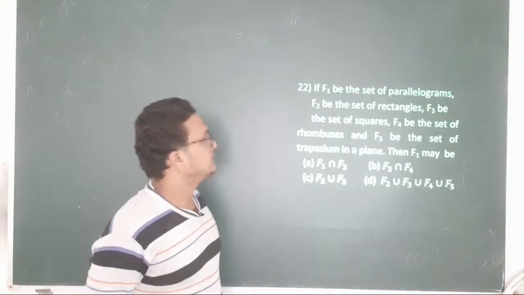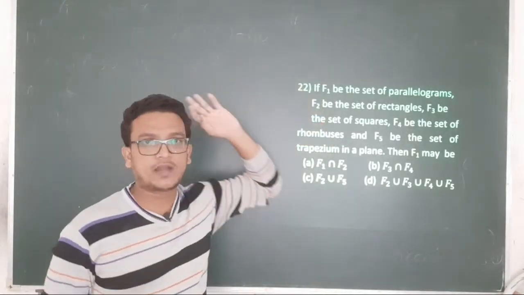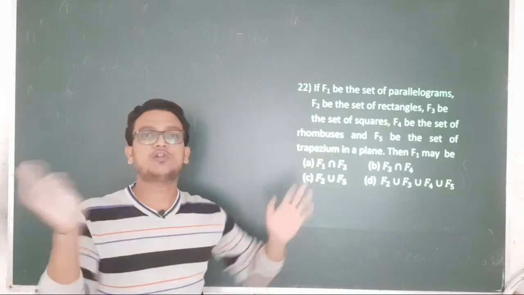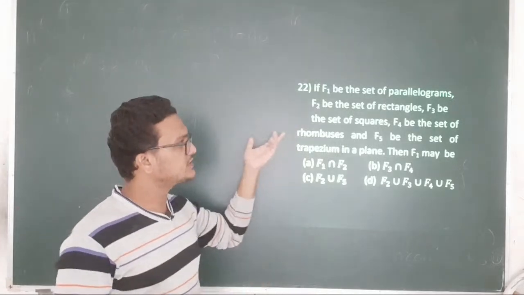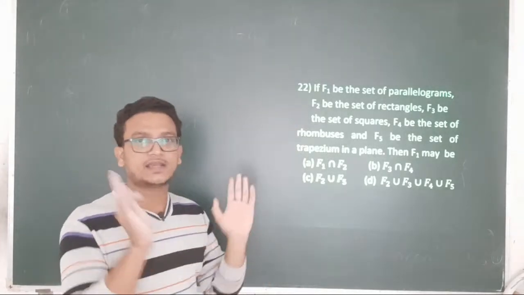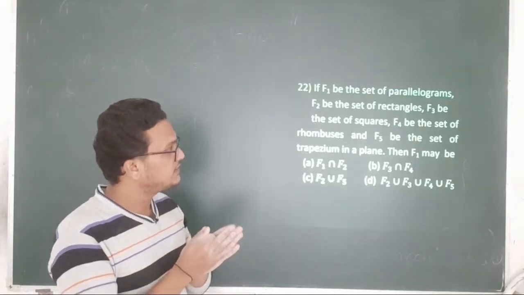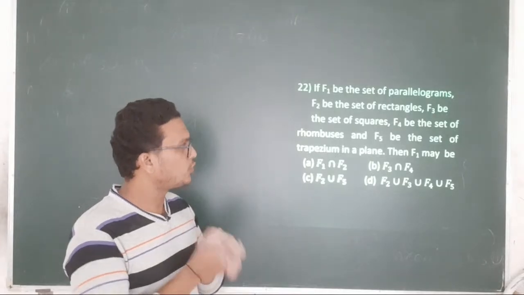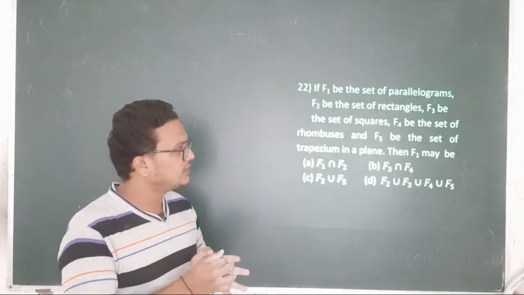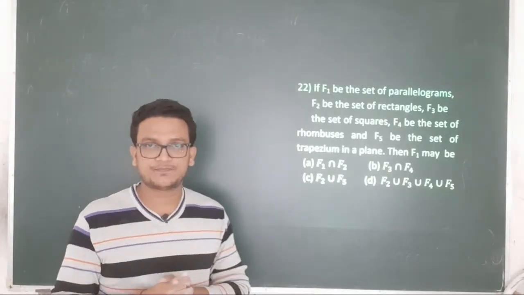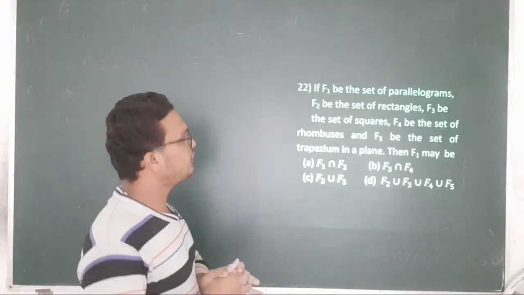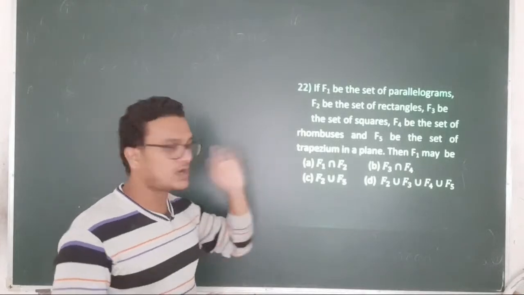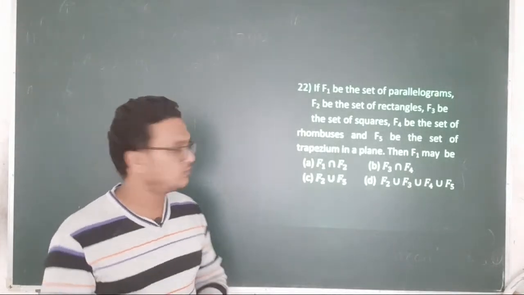See, F1 is a set of parallelograms. F2 is the set of rectangles, F3 set of squares, F4 set of rhombus, and F5 set of trapezium. Now if you observe, what do they ask? What will be the F1 relation?